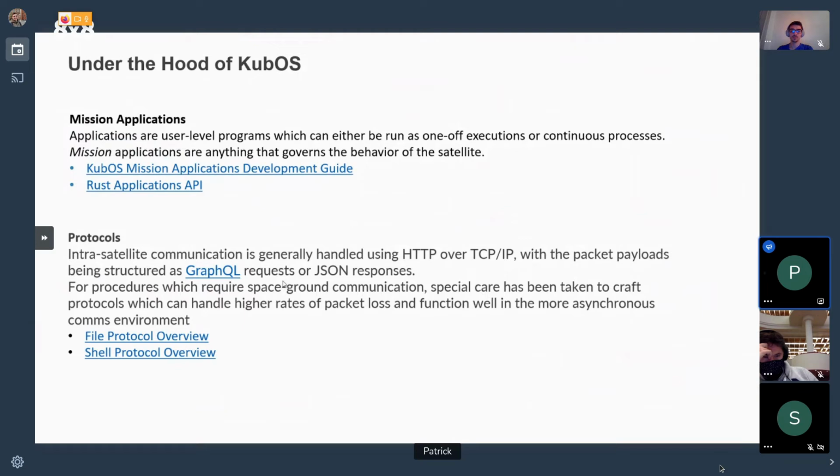And then a couple of protocols come in handy that are already part of KubOS: the file protocol and the shell protocol. With the shell protocol it's like you're using your normal Linux, you can just send Linux commands up to the spacecraft.